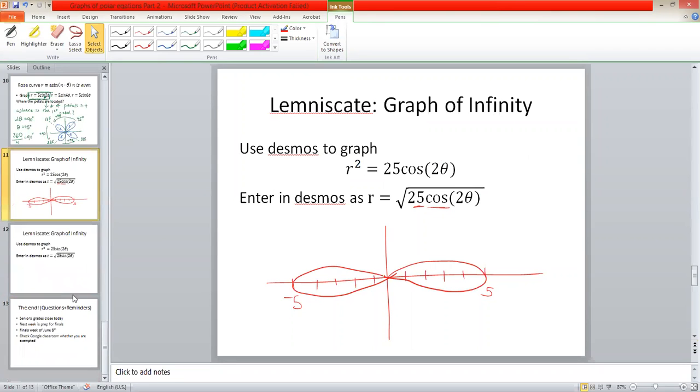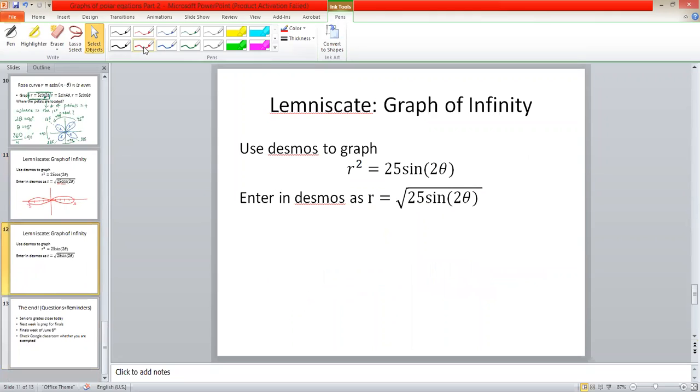And last one is sine. We know that sine theta is maximum at 90 degrees.